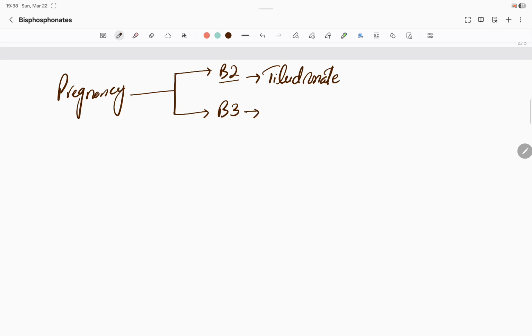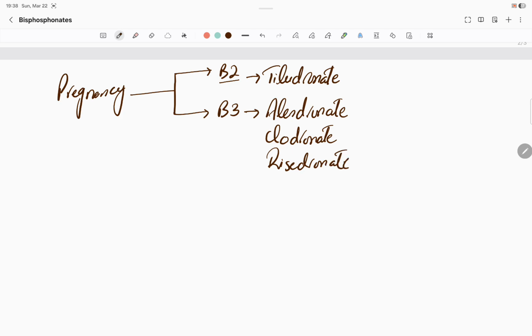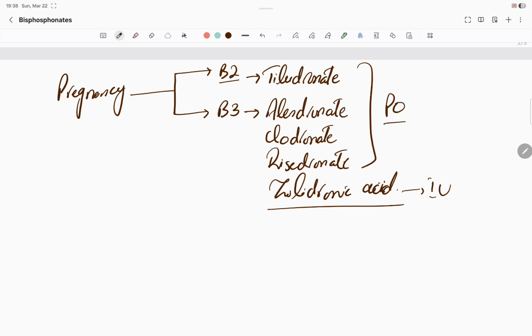And in B3 we have couple of names, that includes Alendronate, very well known and very commonly used bisphosphonate, then clodronate, Risedronate, another very well known name, and Zoledronic acid, the IV formulation. Okay, this is IV and all others are oral.